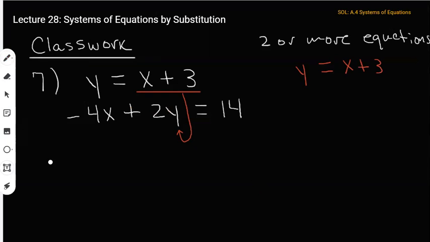Okay, so now my bottom equation is going to be negative 4x plus 2y. But instead of writing a y, we're going to put in x plus 3.